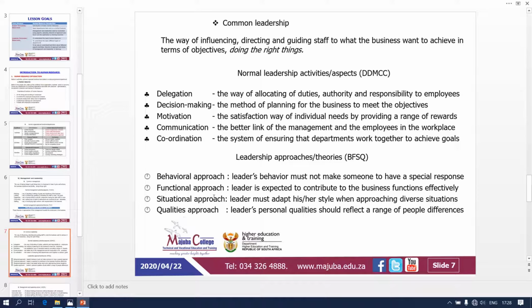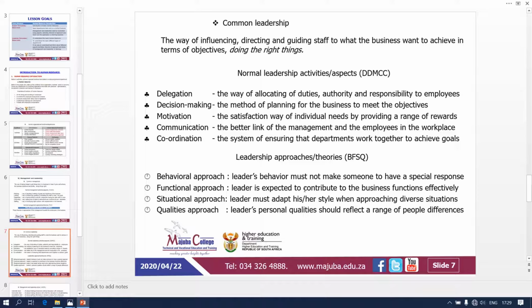These aspects you must have as a leader. A leader's behavior must not make someone have a special response in terms of stimuli. So don't make me react the other way around because of your approach as a leader. Don't swear at me when you're supposed to be in front. Show me how to walk on the knife. So your behavior, you must show me.